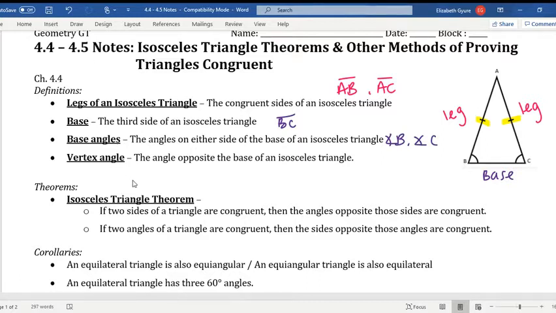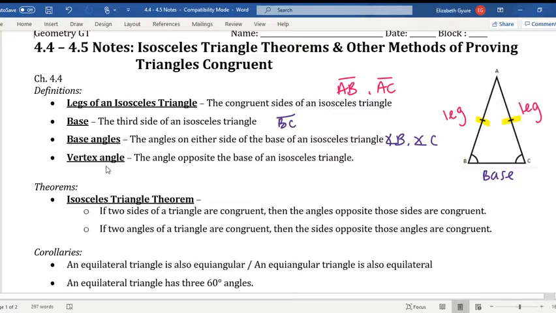Something you'll notice, which we'll get into in one of our corollaries down below, aren't they marked as congruent? Why might those base angles be marked as congruent? Nick? Yeah, exactly. They're opposite those two congruent legs. That's going to make those base angles congruent as well.